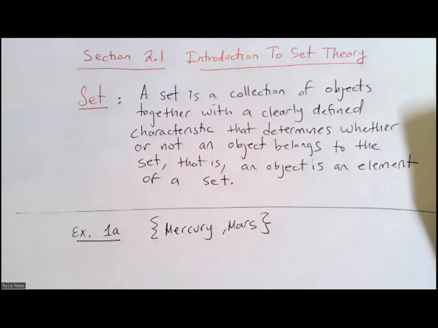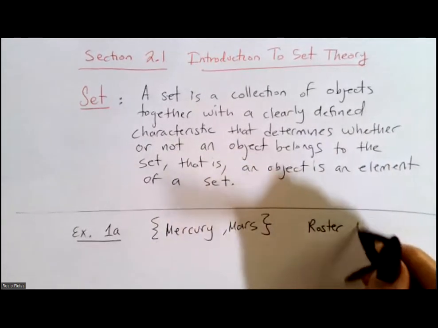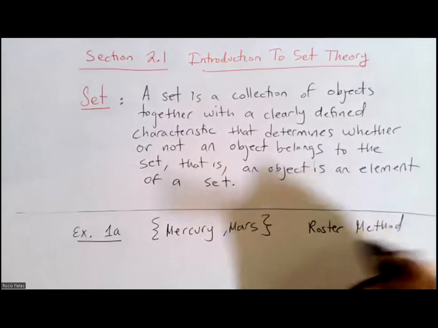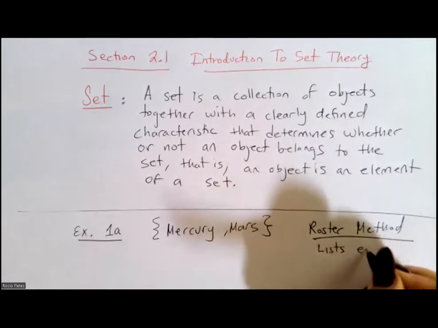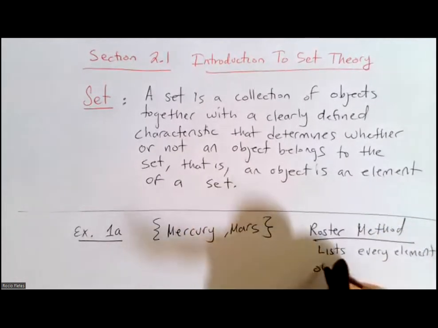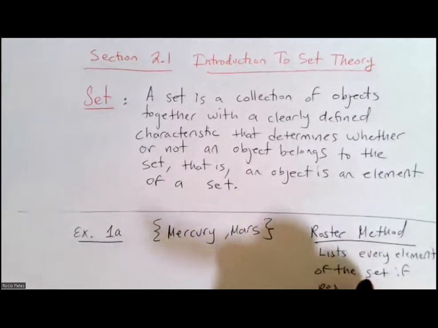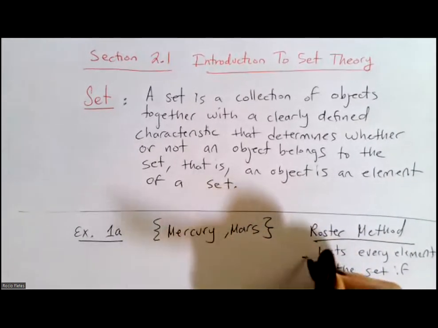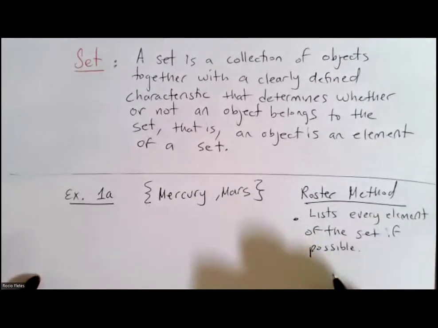So then you would do this. This is the roster method. Remember, the roster method, let me just write it here so you have it, lists every element of the set, if possible. If not, there's another way we can use the roster method.